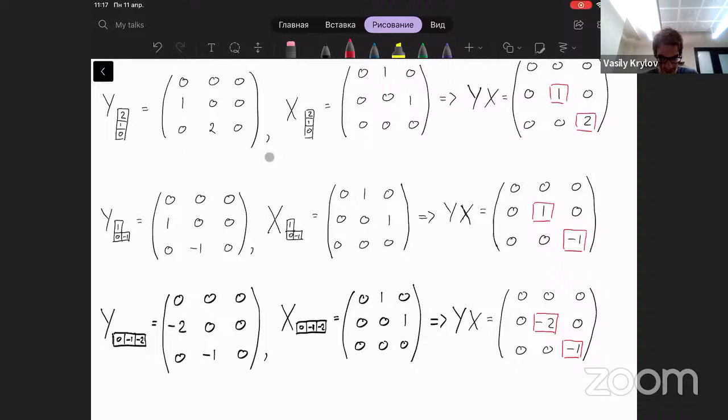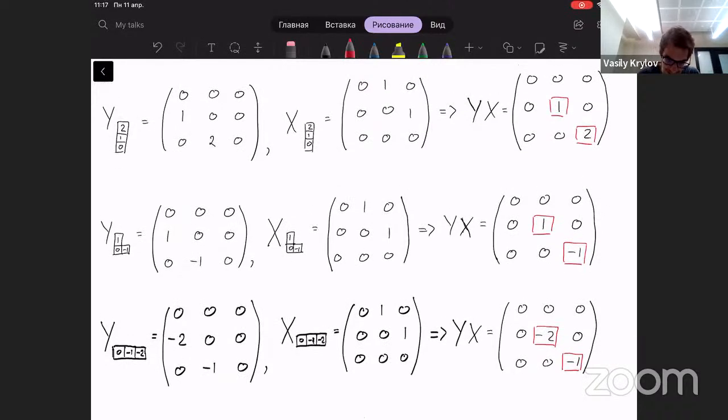You have x and y; x is always the same, and y depends on the partition. And when you multiply them, you see that you always get the contents. I should also put 0 in the blocks everywhere. Okay, so this finishes the argument for the Hilbert scheme. Are there any questions?